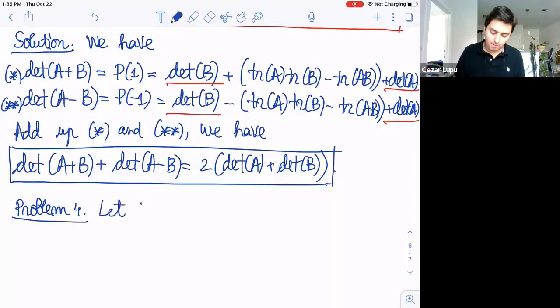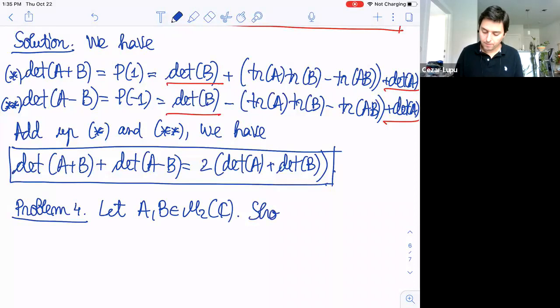Let A, B be 2 by 2 matrices such that AB is the same as BA.